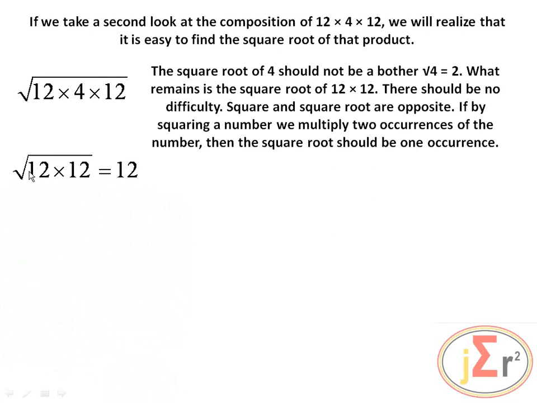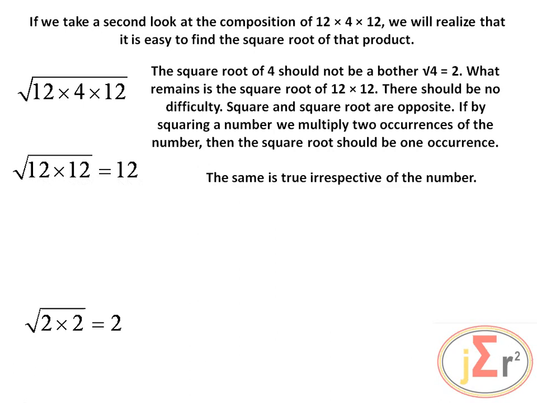Therefore, the opposite of square being the square root, if we take the square root of a number that exists in a double factor with 2 occurrences, the square root will be 1 occurrence. The same is true irrespective of the number.